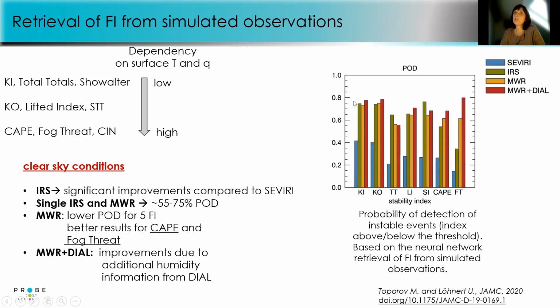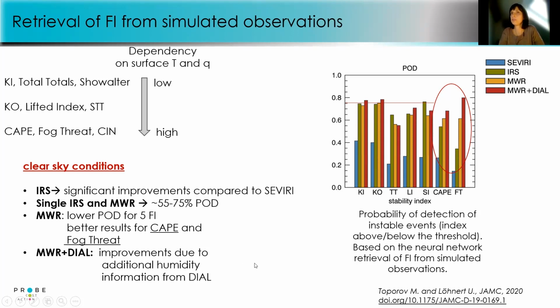But the IRS outperforms microwave radiometer for the first 5 indices, which belong to the first 2 groups. But for 2 indices which are highly sensitive to temperature and humidity close to the surface, the microwave radiometer can outperform satellite sensor. But the results for these 2 indices are worse than for other 5.